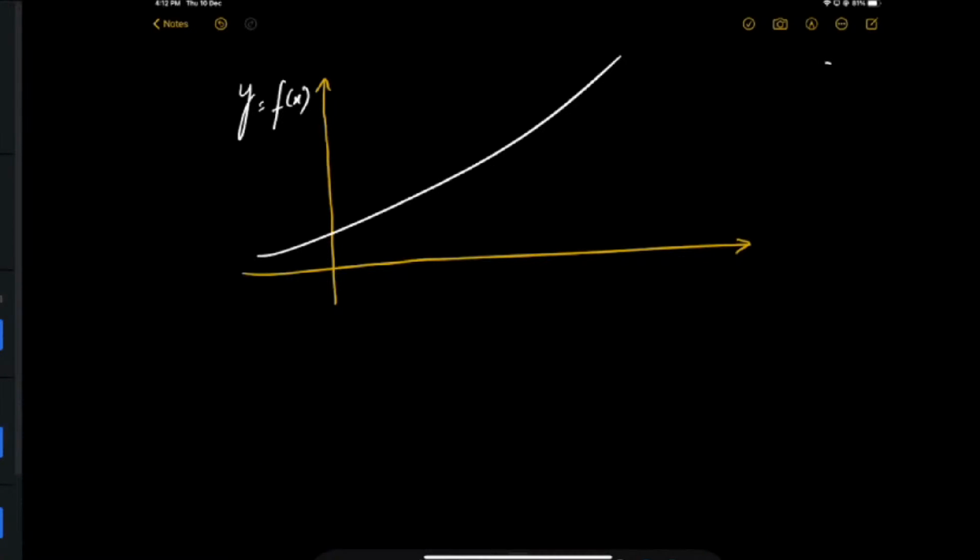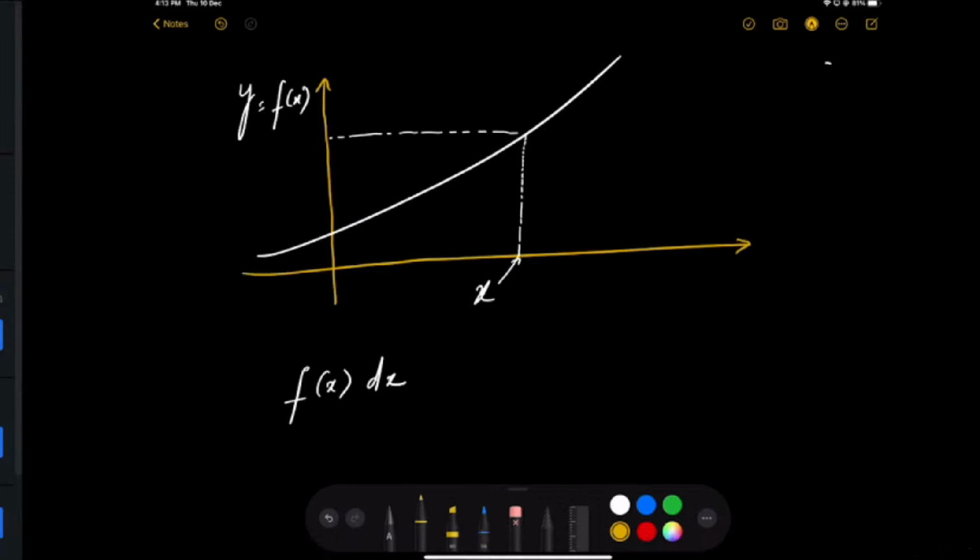Integration you write something like this. First in integration you have f of x times dx. So what is the meaning of f of x?